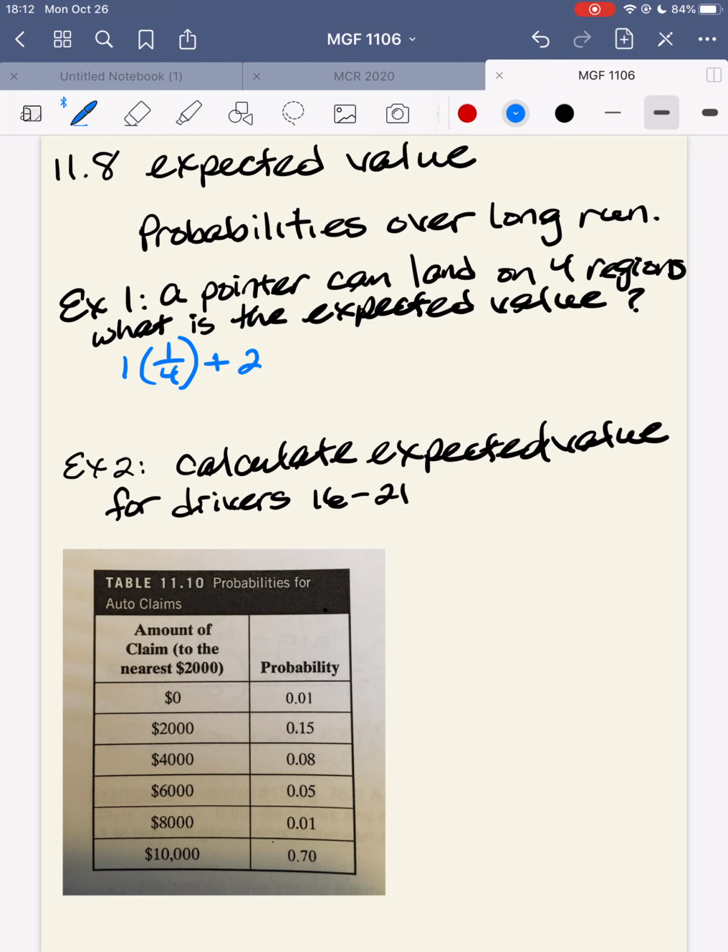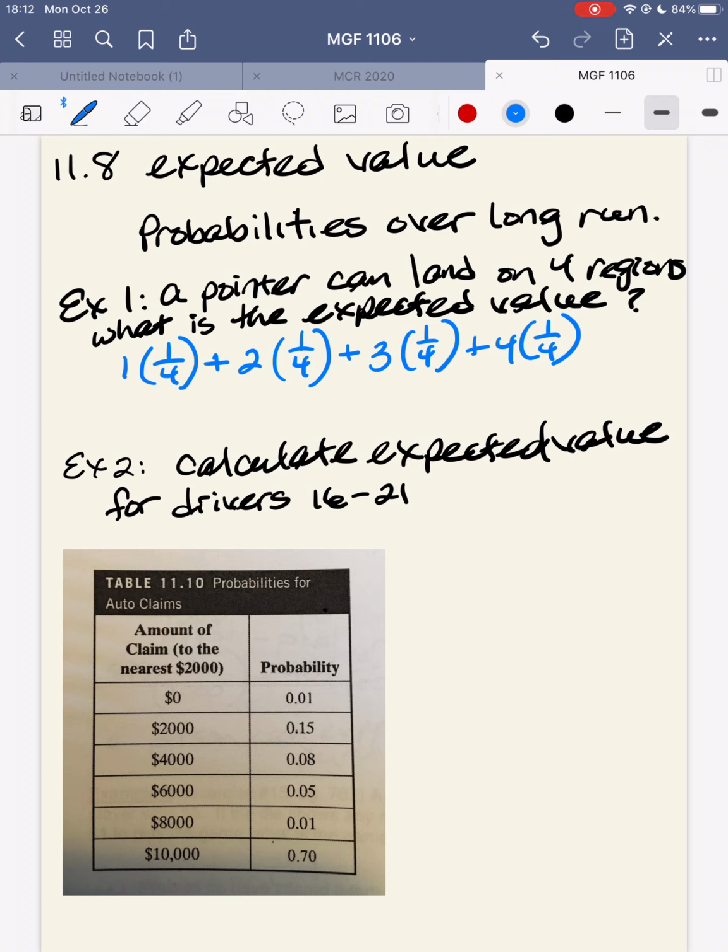If it lands on 2, it also has the probability of 1 over 4. If it lands on 3, it has the same probability. If it lands on 4, it has the same probability.